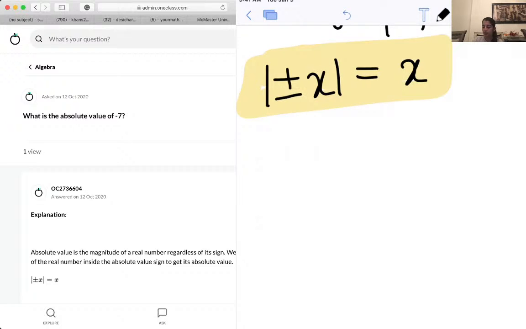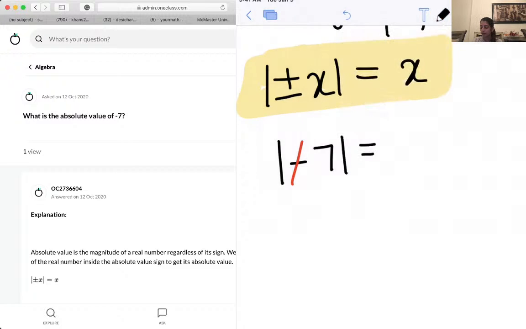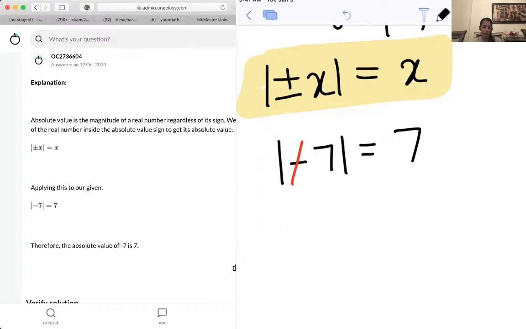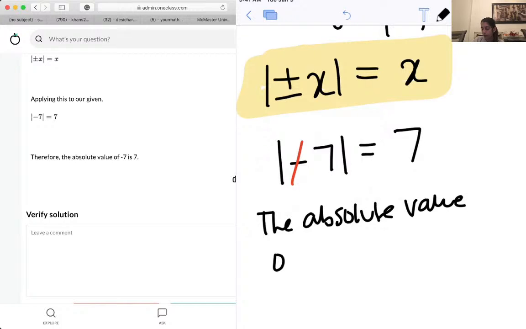So the absolute value of x, put it in, for -7 is that, and once again we just remove the sign, so the value is 7. The absolute value of -7 is 7. And that is our final answer.